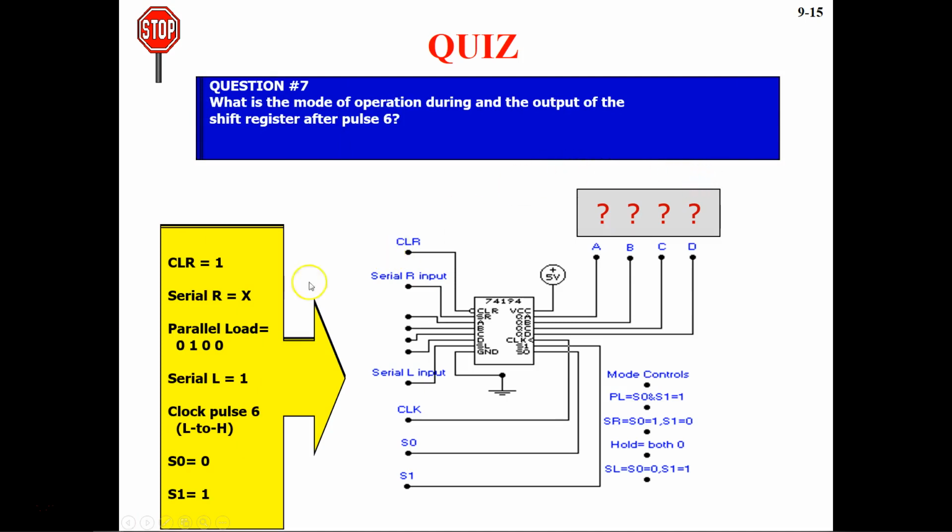And the next one, when you have clear 1, serial R is X, parallel load, serial L is 1, clock pulse is 6, S0 is 0, S1 is 1. So this is again the same mode of operation, shifting towards left. Previously you had 0, 1, 0, 1.